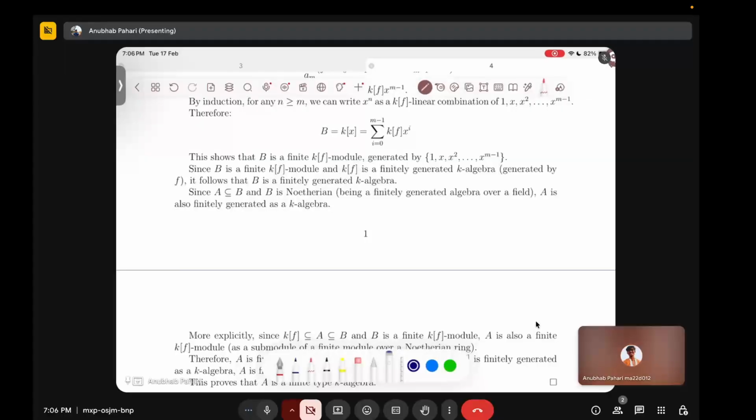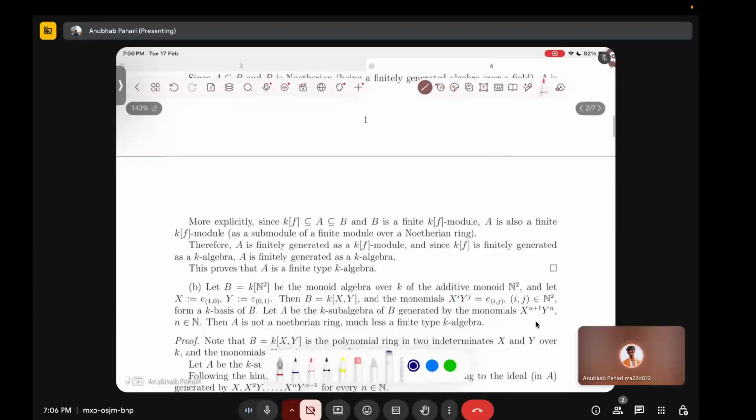So what they have said is that since A belongs to B and B is Noetherian, any submodule of a Noetherian module is Noetherian, and therefore A is also finitely generated as a K-algebra.